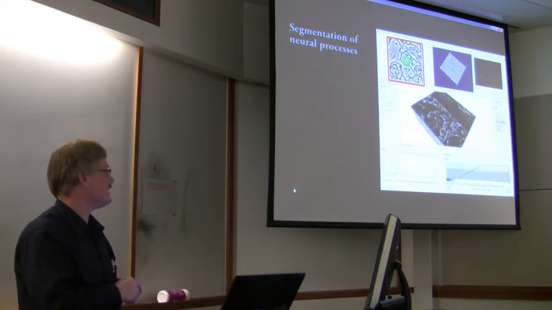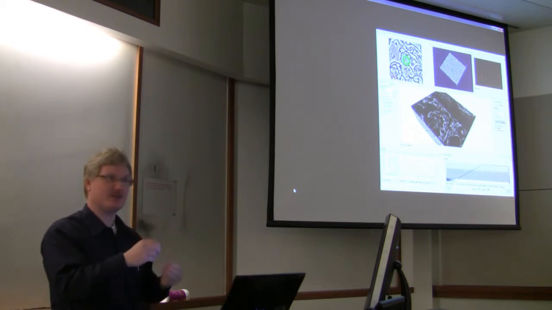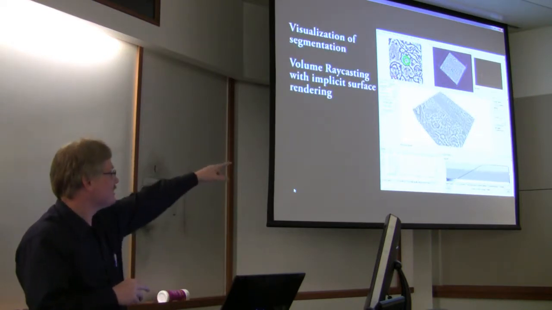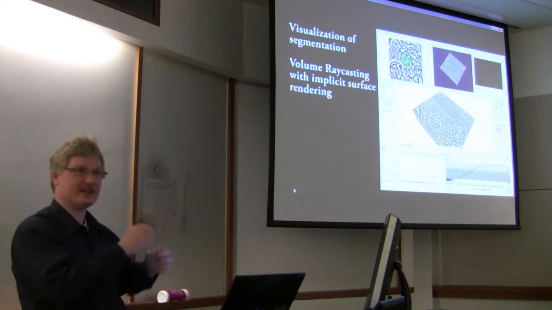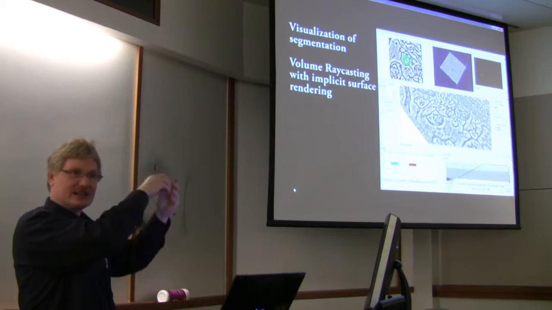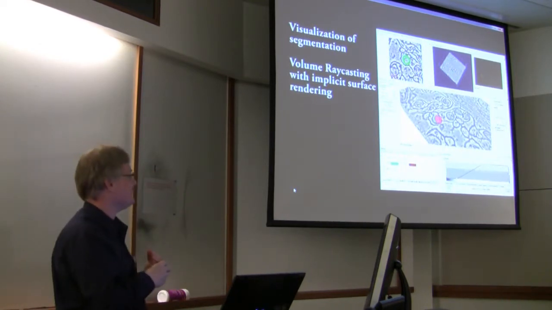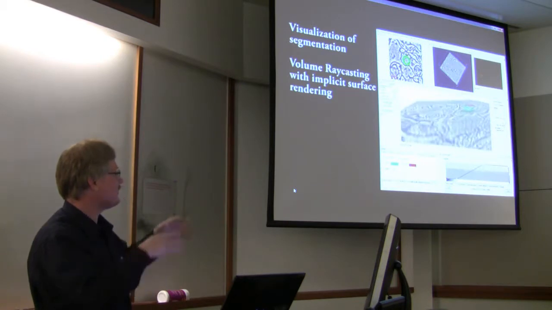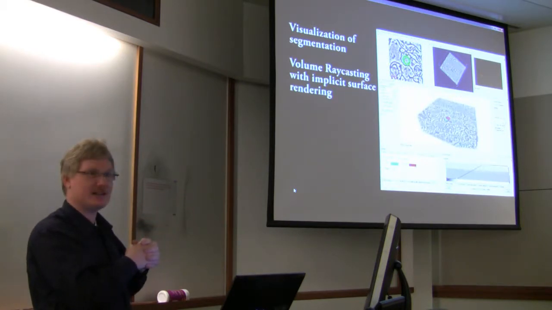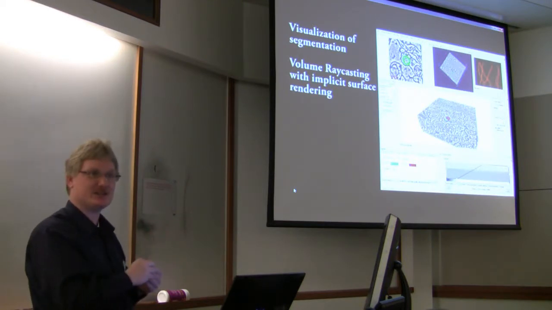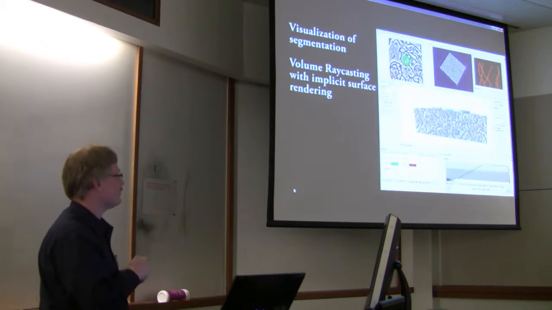One step is setting the transfer functions, and we'll talk about transfer functions in the 3D visualization lecture, so that they can highlight the areas that they want to see, and then semi-automatically start labeling things and have the regions grown down into the surface. There's the 3D data for the context, and then they've got the 2D geometry that are the segmentations that come out at the end, and they want to compare them against each other and see how well the segmentation algorithms are doing.